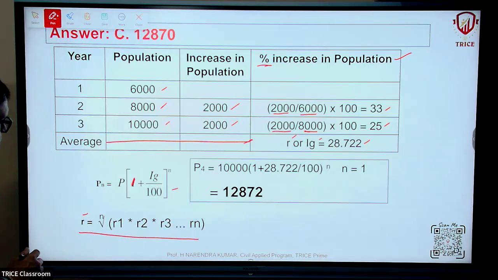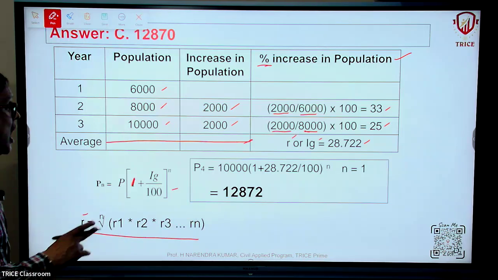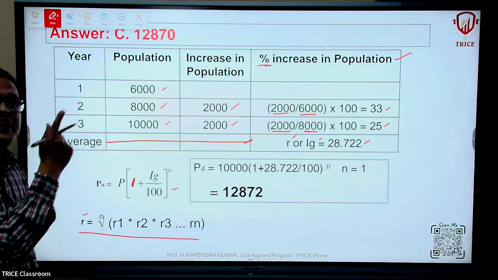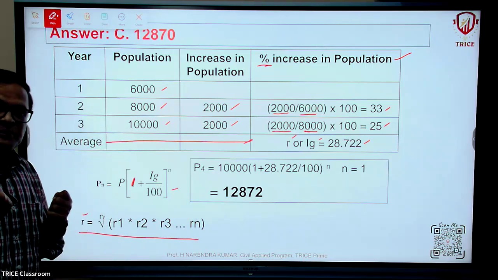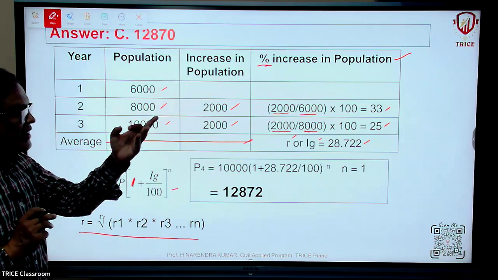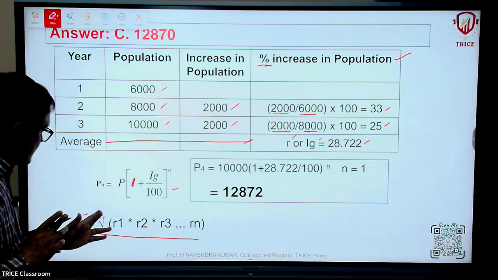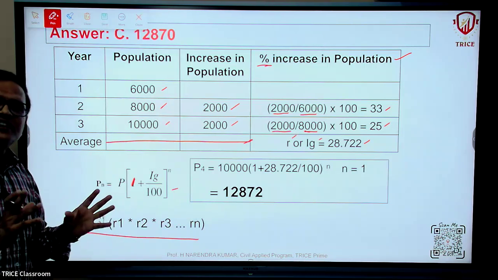As I said earlier, there are two ways of calculating. Please listen to me. One is the arithmetical average, which is nothing but add those two and divide by 2; you will get a different answer. This is the geometrical average. What is that geometrical average?